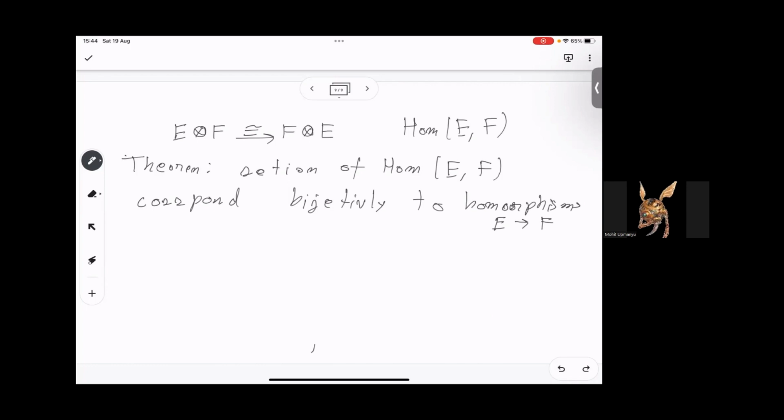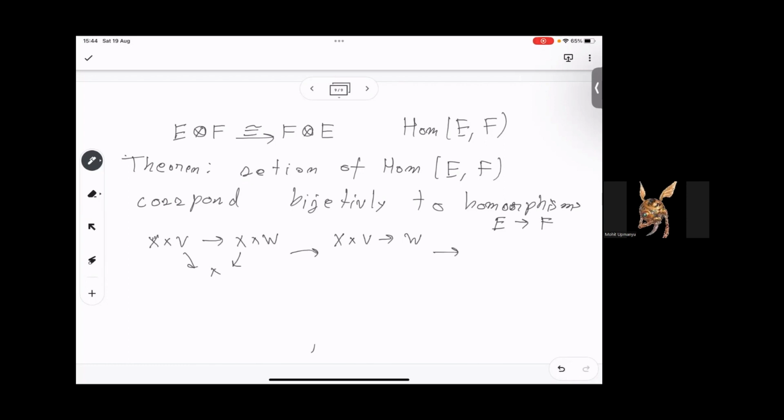Right. So one thing to check is, if we want to prove this theorem, does it hold for trivial bundles? We kind of proved this in the case of trivial bundles, where we saw that if E and F both were trivial, then a homomorphism from X cross V to X cross W was the same as having a map from X cross V to W, nothing else.